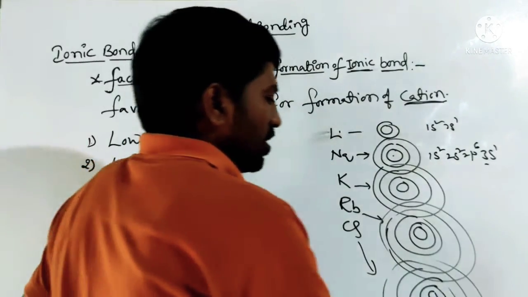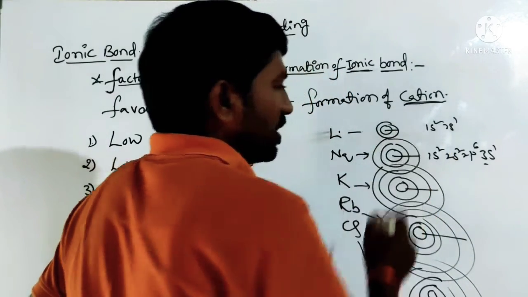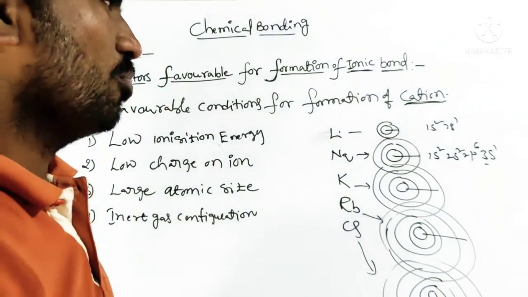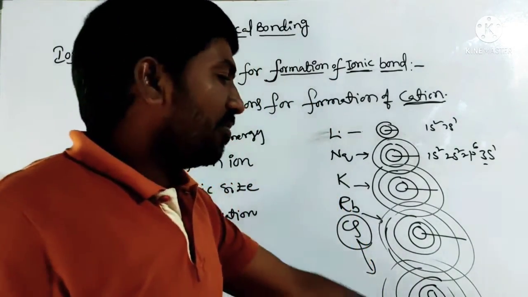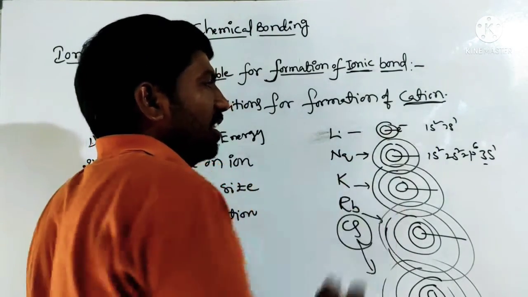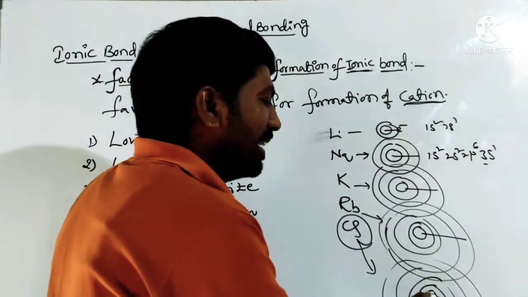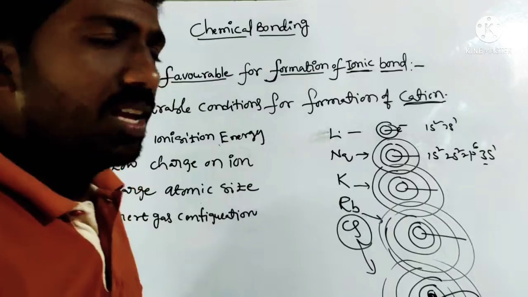So the distance from the nucleus to the valence shell is greatest in cesium. That's why the electron in cesium can be removed very easily compared to lithium, because the nucleus attraction on the outer electron is very low in cesium.